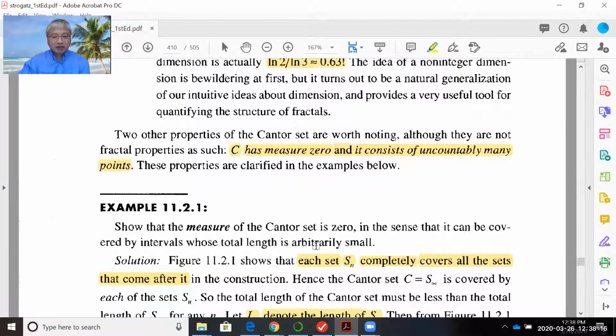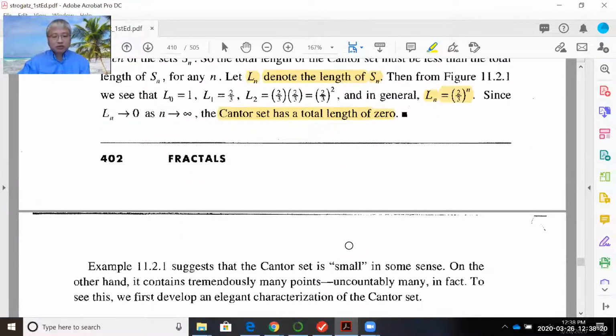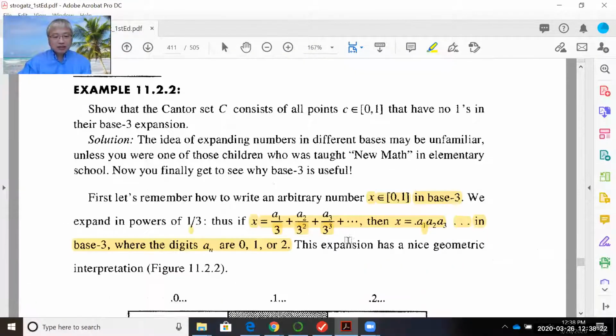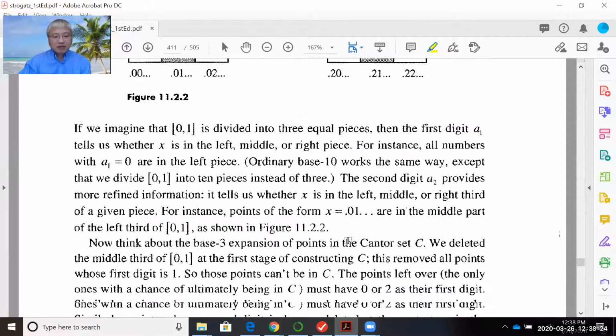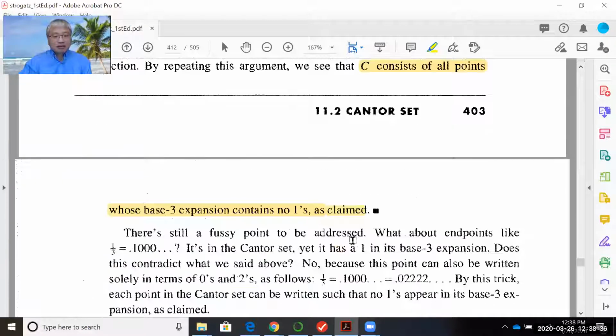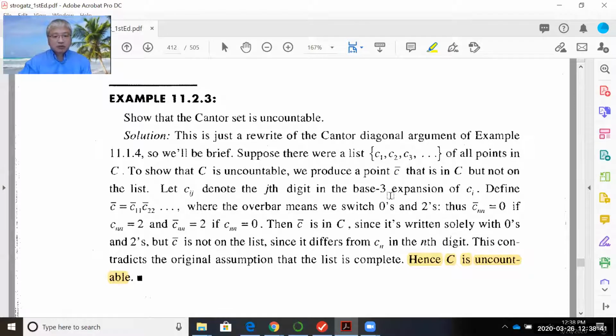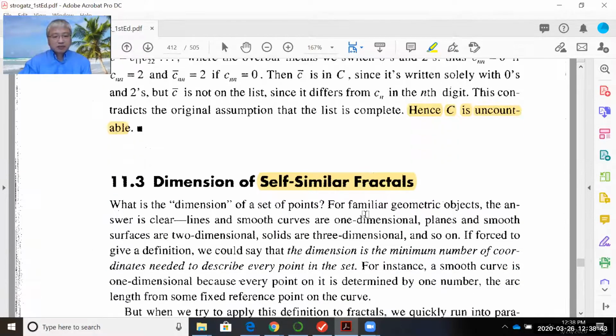The way we show that it's uncountable is by self-contradiction: assuming that it's countable, we can then construct a particular number which is in the Cantor set, but which is not mapped into any possible arrangement. That's how we construct it.